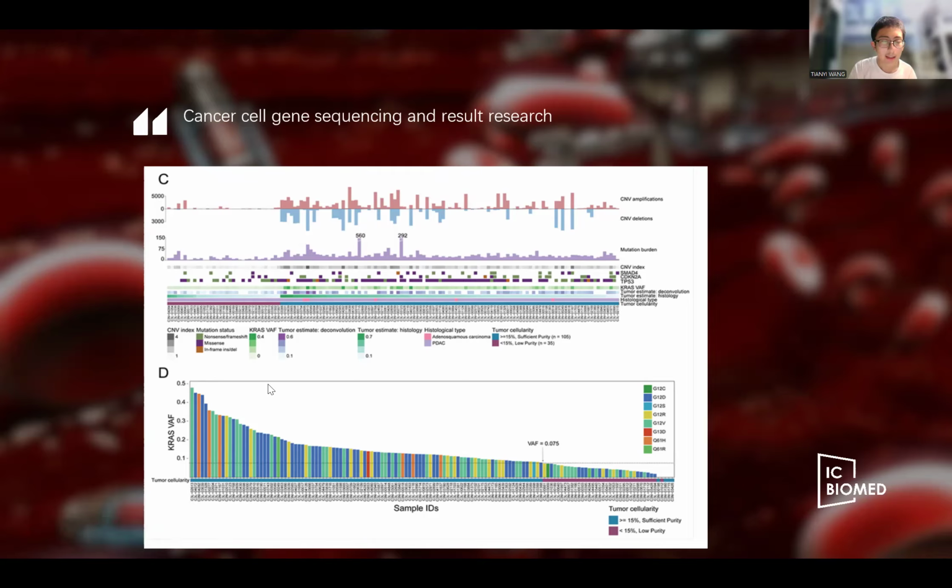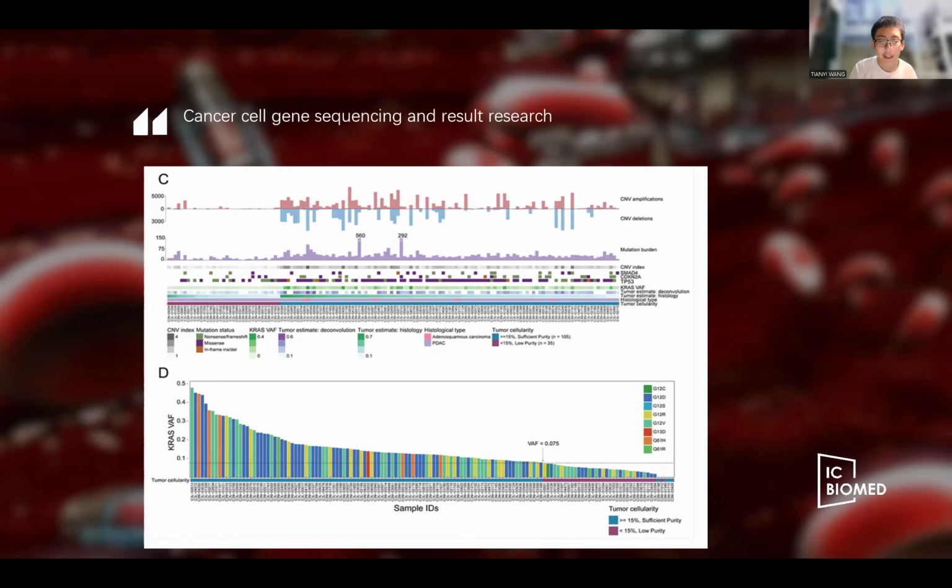Let's get back to D here. D focuses on the KRAS gene and conducts specific sequence testing to obtain the frequency of different types of gene mutations. This reveals the close relationship between KRAS gene mutations and the occurrence of pancreatic cancer, providing support for research directions.